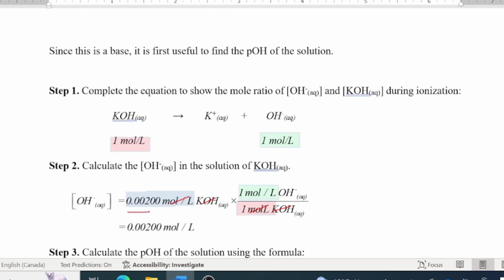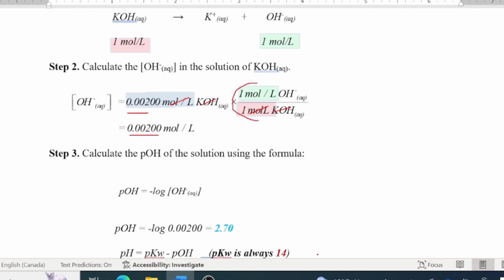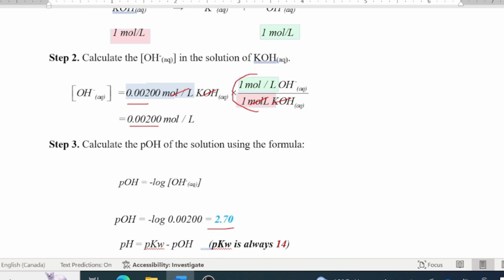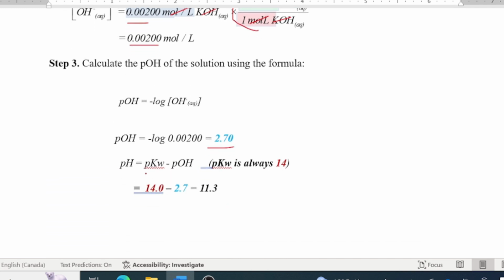You take what you have, multiply by the mole ratio here, and this is the concentration of the OH. pOH, the negative log of that, is equal to this. Well, hold on. We just told you that pH is equal to pKw minus pOH. So you could very quickly find the pH by subtracting that value from 14.